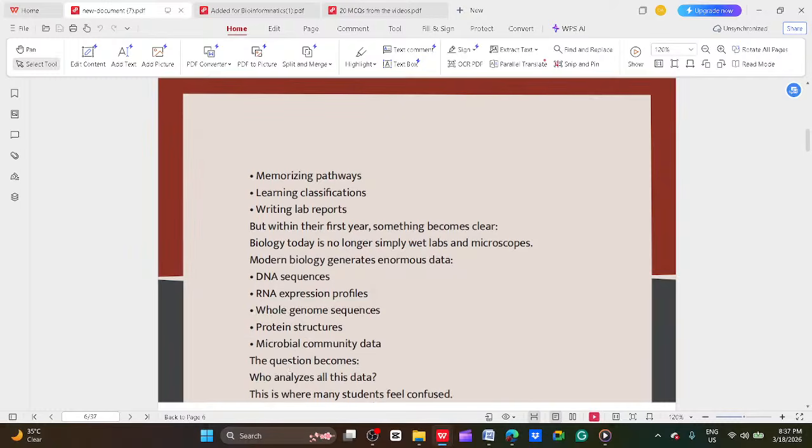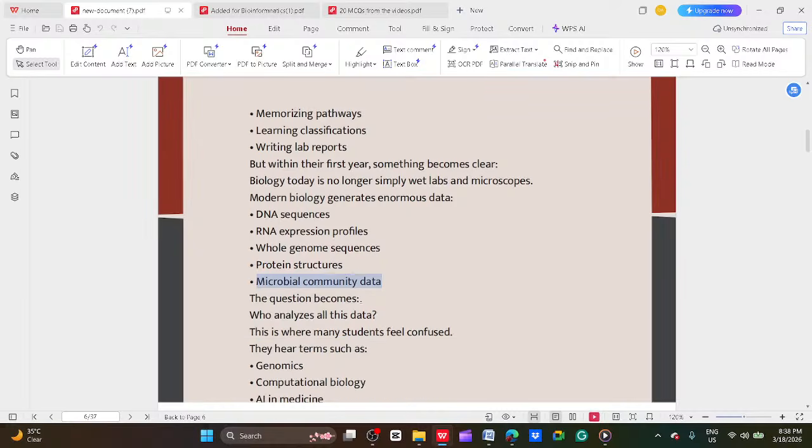Then you learn more about protein structures, and more about the microbial community. I told us in the first semester, in microbial ecology and evolution, that microorganisms tend to change with changes in their environment.